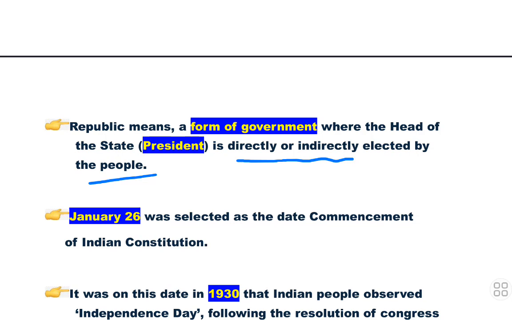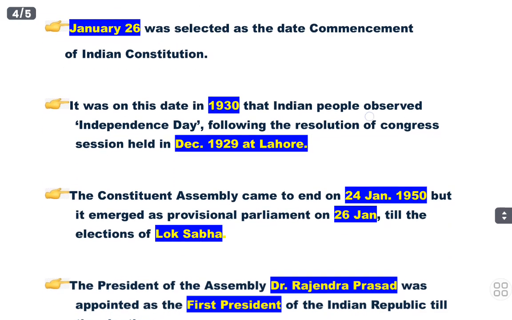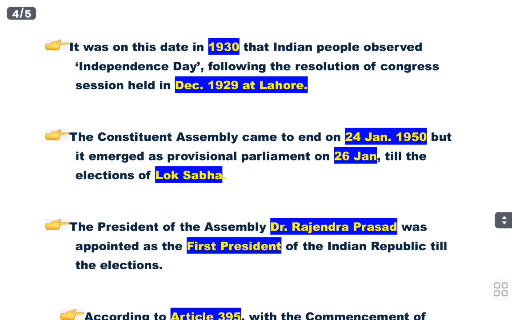January 26th was selected as the date of commencement of the Indian Constitution. It was on this date in 1930 that Indian people observed Independence Day following the resolution of the Congress session held in December 1929 at Lahore.